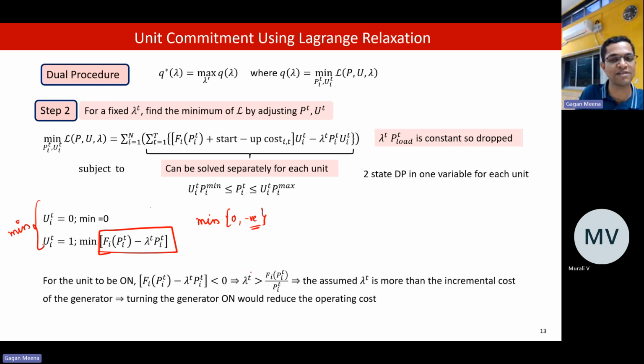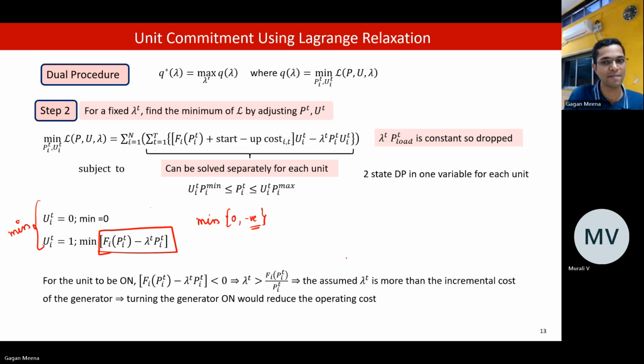That means the lambda we have assumed and fixed here is greater than the incremental cost, so the lambda should be reduced. It's economical to turn on this generator, because turning it on will reduce the lambda.